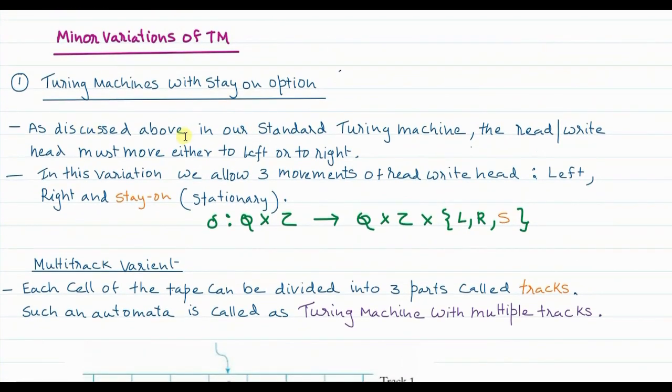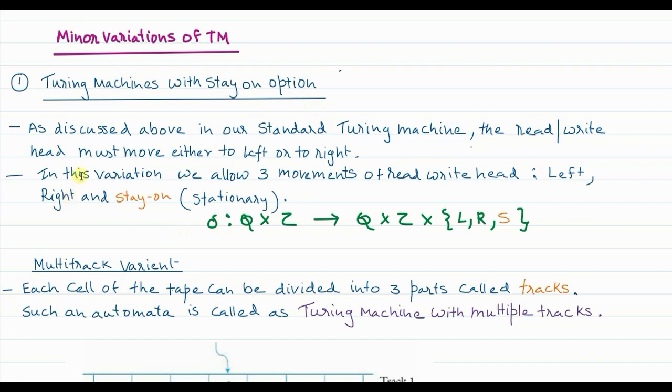As discussed above, in our standard Turing machine, the read write head must move either to the left only or to the right only. There is no stationary movement in the original standard Turing machine. When I taught you, I also introduced a stationary movement so that it helps us in solving problems. That kind of Turing machine is called a Turing machine with stay on option.